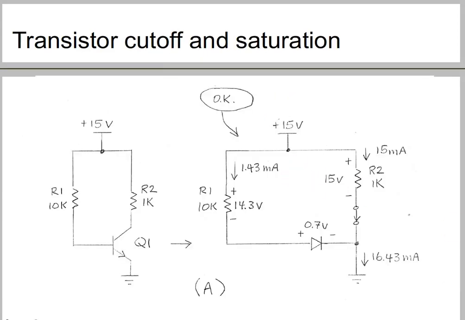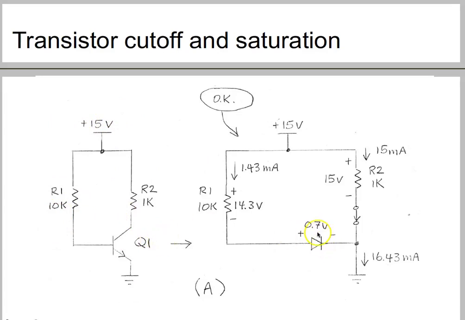Now, moving forward to this example. The base emitter diode in this case is forward biased, so there is 0.7 volts across it, and that will leave 14.3 volts here because we are taking the 15 volts supply.